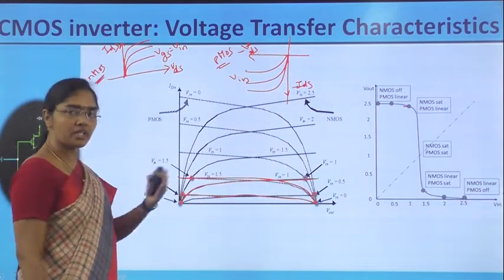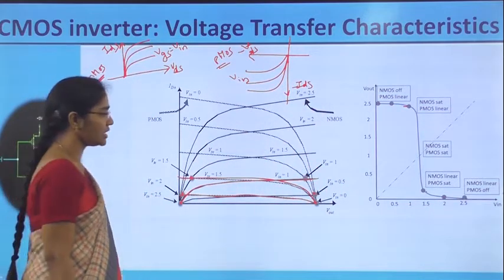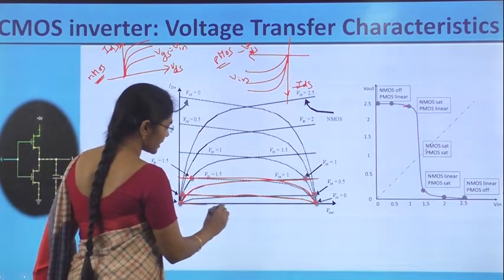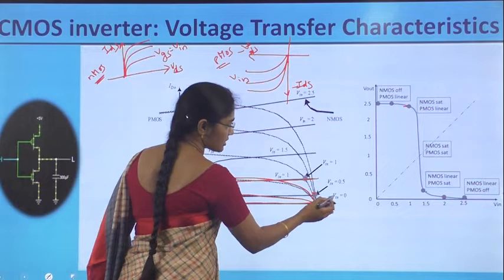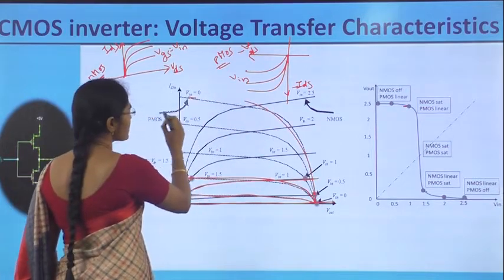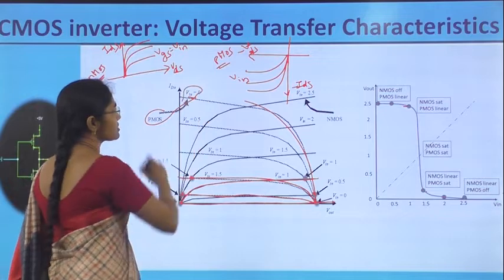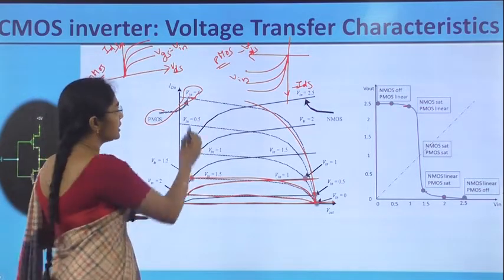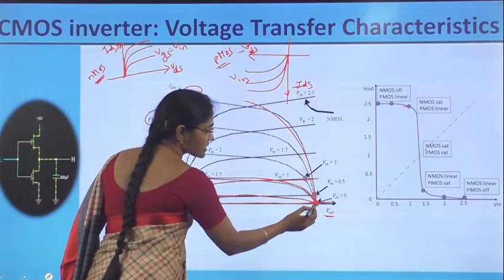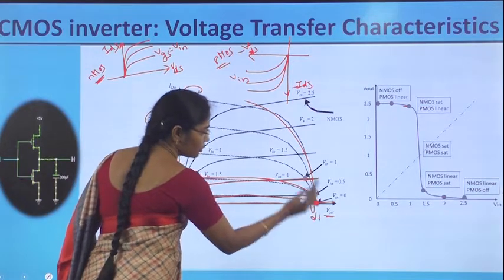That means when Vin is equal to 0, the NMOS enhancement transfer characteristic is this, and the PMOS transfer characteristic is this. Then the intersecting point is here, that is on the Vout axis, equal to VDD.